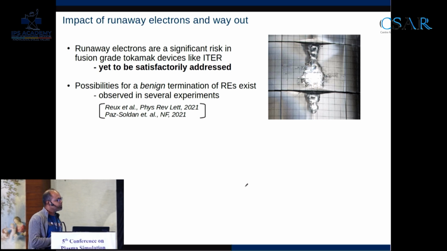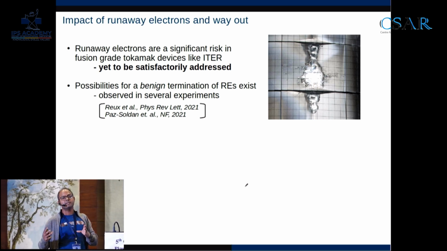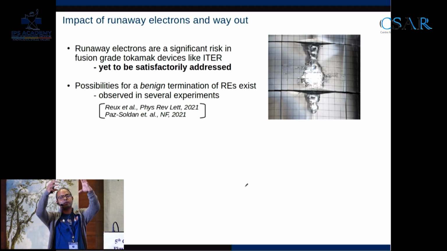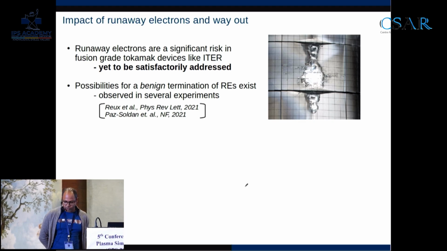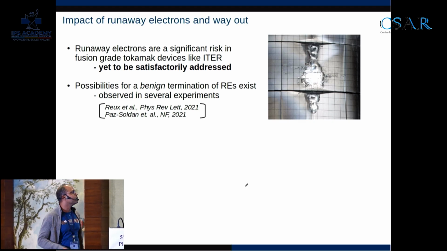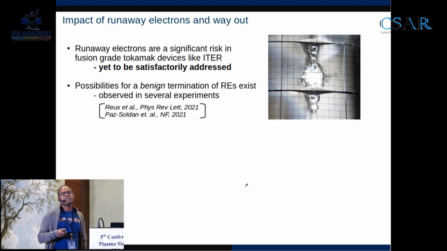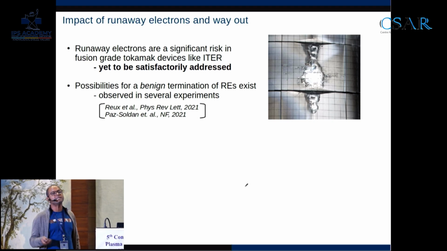You can see that typically plasmas after a disruption are vertically unstable, and they go on either to the top side or the bottom side, but eventually they go and hit the wall. So that means such a high energetic beam of relativistic electrons can go and in fact damage the wall. And for a nuclear device, it will take months or probably years to fix this and get the machine restarted.